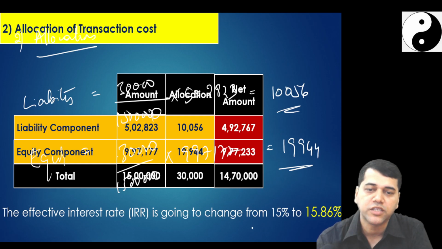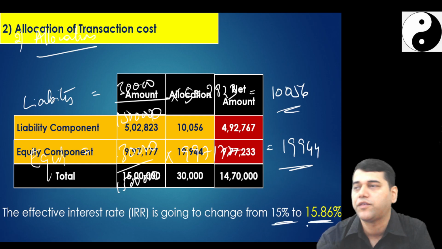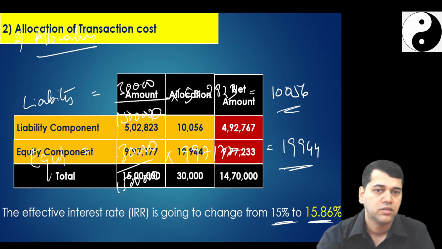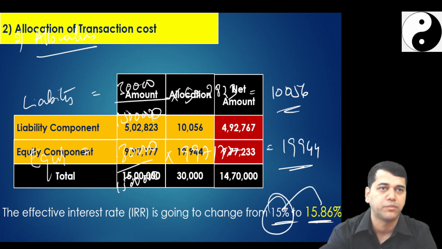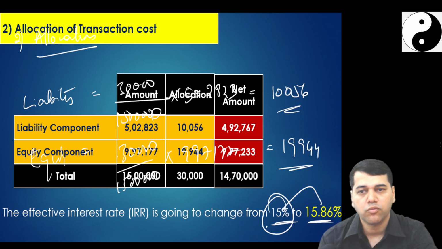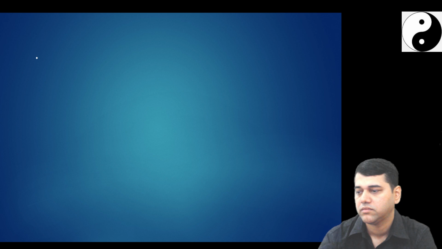And the effective interest rate is going to be changed from 15 to 15.86. You can always write that. Because of this allocation, effective rate is going to change now. Previously you would have used an EIR of 15%, but now you are going to use the EIR of 15.86%.